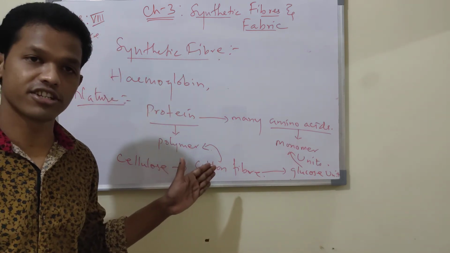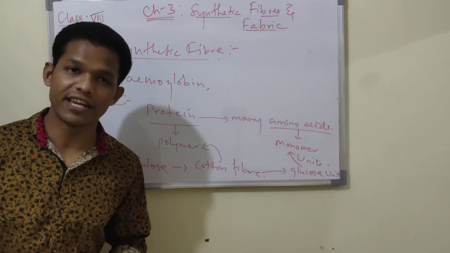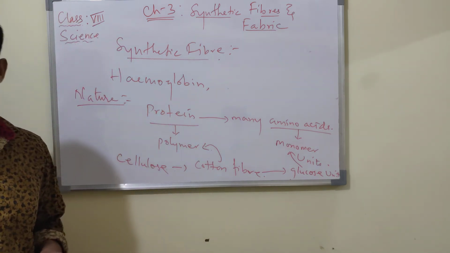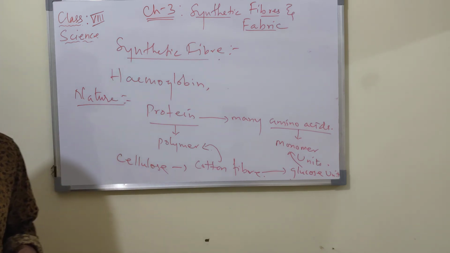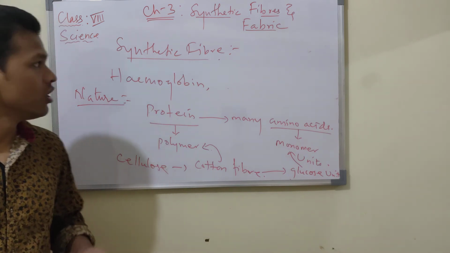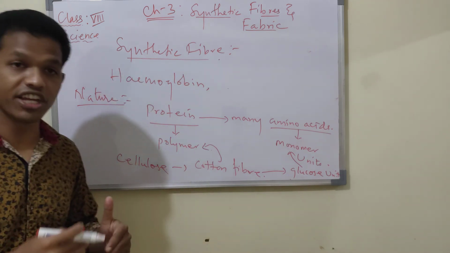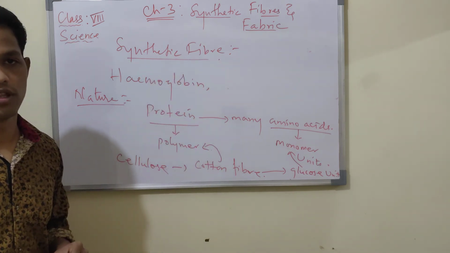Polymerization means the process of combining a large number of small monomer units into a large single unit called polymer. That is the way in which synthetic fibers are manufactured.